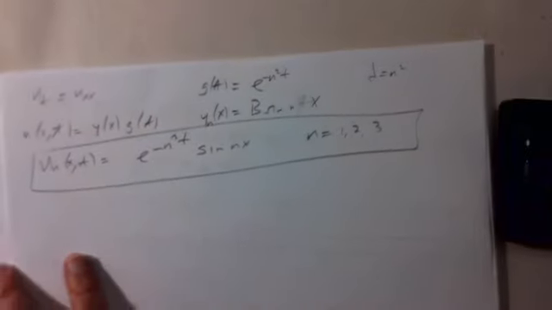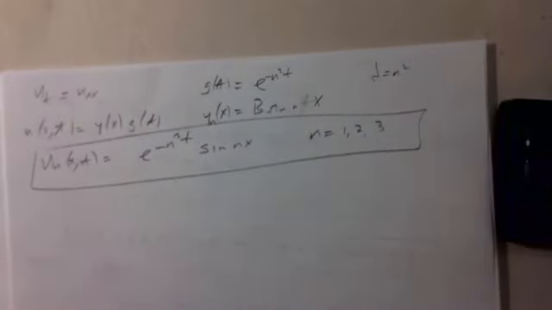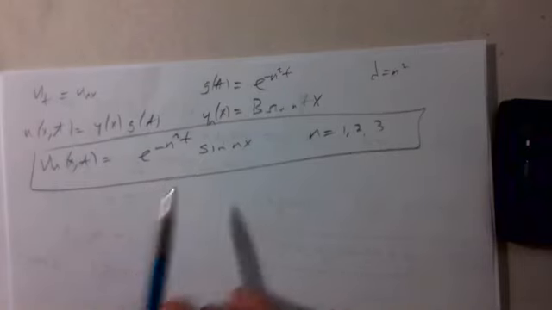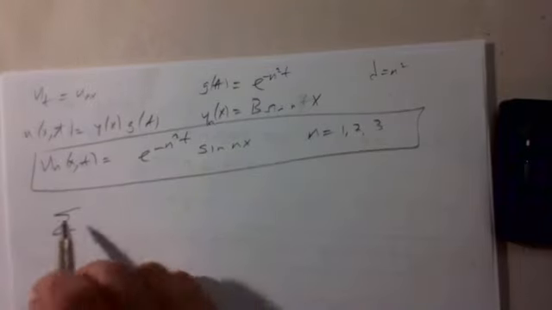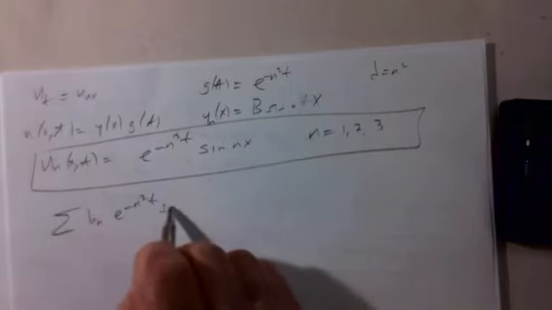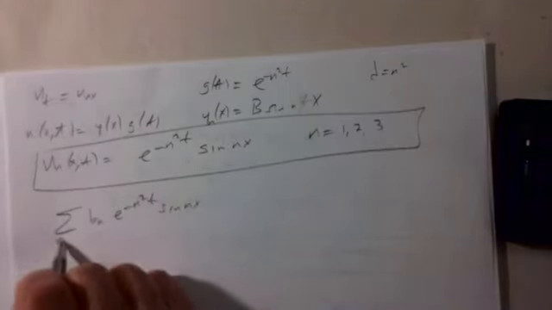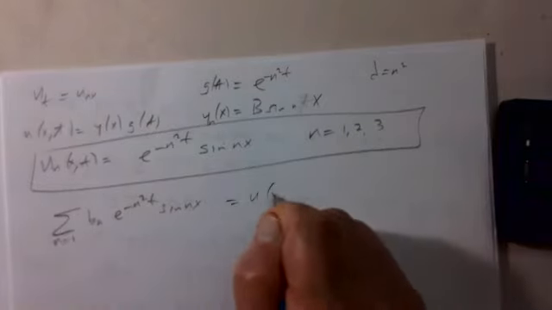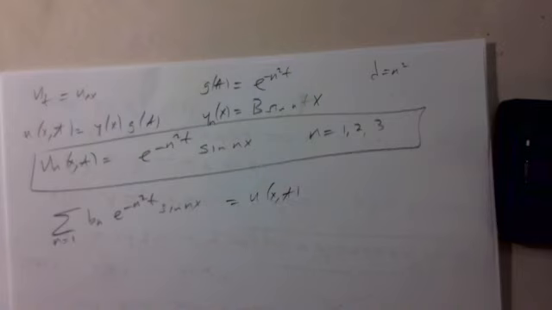Right? So this is exactly the problem we solved in essentially the same way a bit ago. And the question is, if you have one solution of this equation, any finite sum of b sub n e to the minus n squared t sine nx, n going from 1 up to whatever, is a solution.